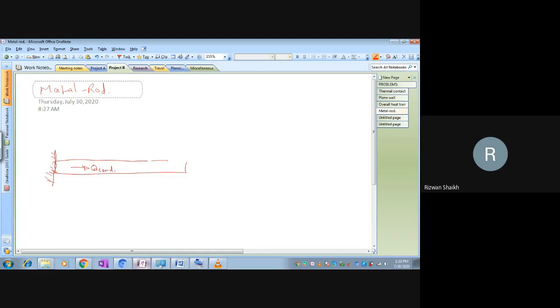Okay, till here. So I can say that it is being enclosed in asbestos powder. So here we have the asbestos or insulation material.